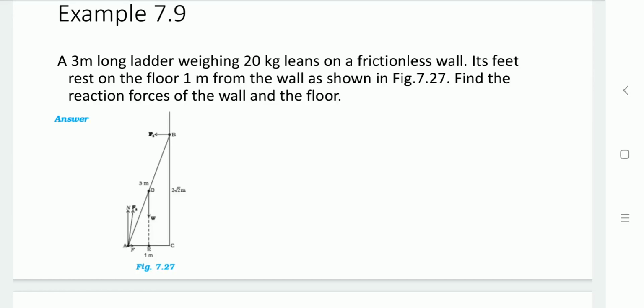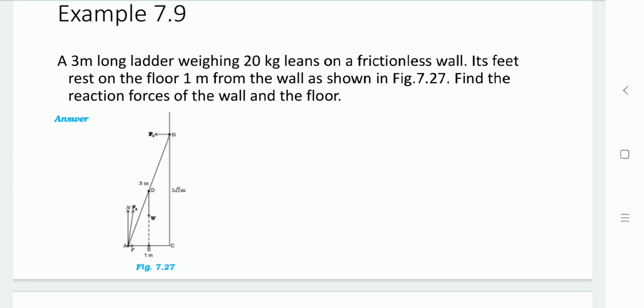The forces on the ladder are its weight acting at the center of gravity, and the reaction forces F1 and F2 of the wall and floor. F1 is perpendicular to the wall, since the wall is frictionless, and F2 we can divide into two components, the normal component N and the friction component F. F prevents the ladder from sliding away from the wall and is therefore directed towards the wall.